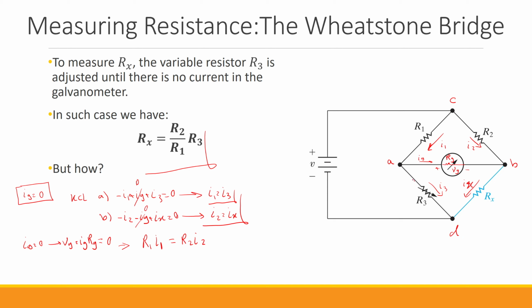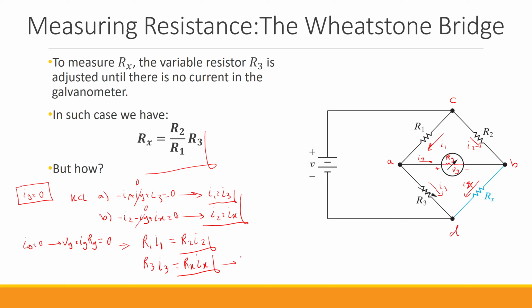The same can be said between point A and D and also point B and D. So we have R3 multiplied by I3 equals Rx multiplied by Ix. So these are the two additional equations that we have. Now what we are looking for is Rx.